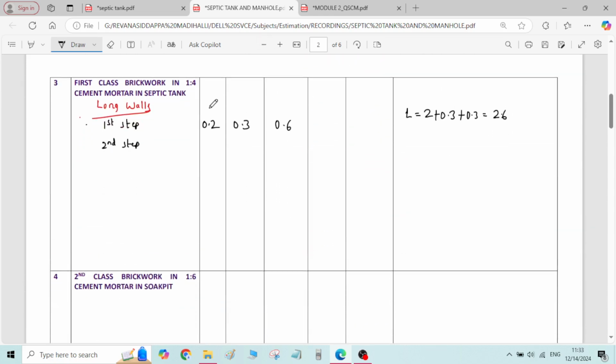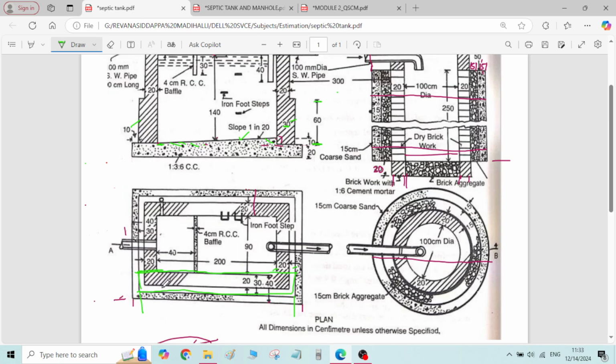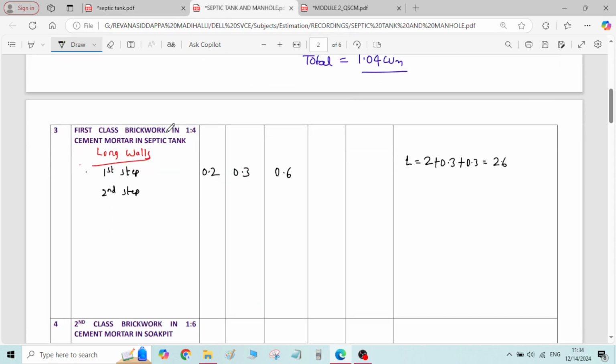I forgot to write the numbers. There are two number of long walls. Here in place of numbers I have written length, let me change it. Here it is 0.2, this becomes 0.3 and height becomes 0.6. So numbers is 2, two number of long walls.